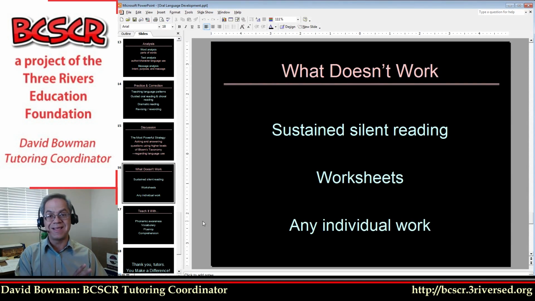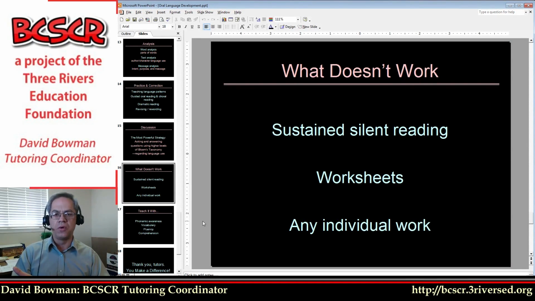Now, with all that said, what doesn't work? Certainly any type of sustained silent reading activities. Much like with comprehension, sustained silent reading might help to solidify existing skills, but it does not lead to an increase in those skills. So those are off the table.